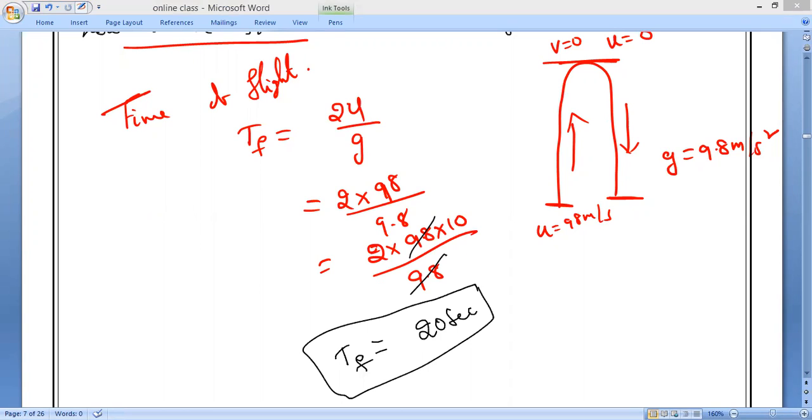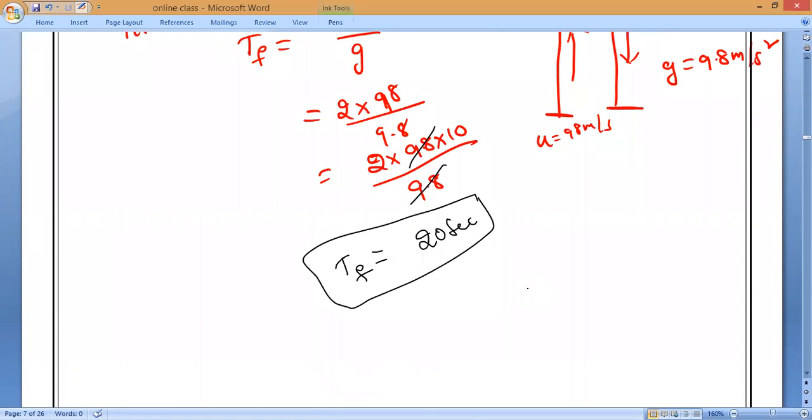Understand, everybody? Sir, why are you adding 10 to the numerator? I'm writing 98 as 9.8 into 10, Hari. That's all. Then you have to divide only, sir. 98 divided by 10 is 9.8. But the numerator and denominator you can multiply by 10 if you want.